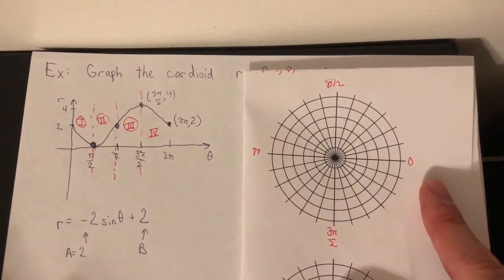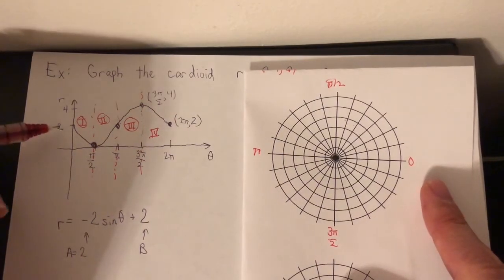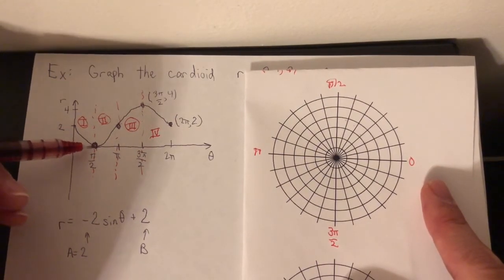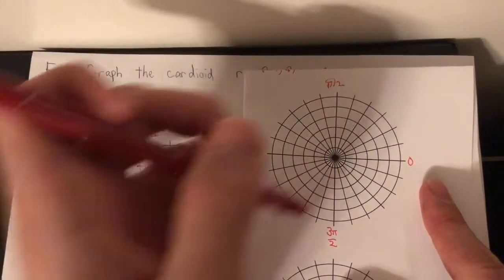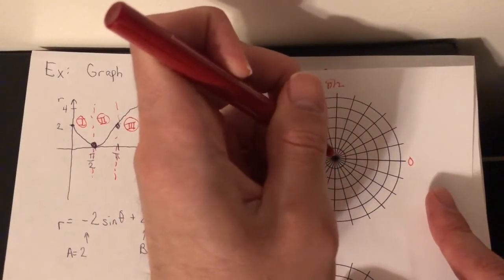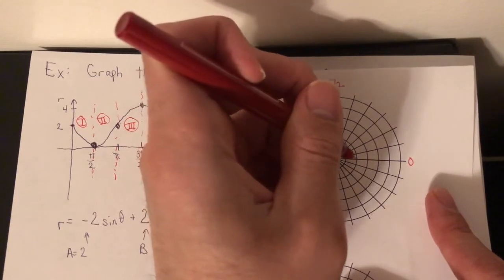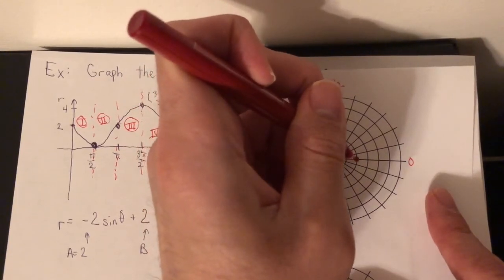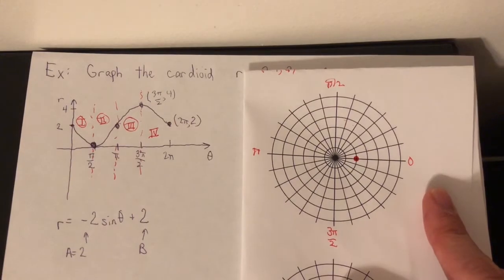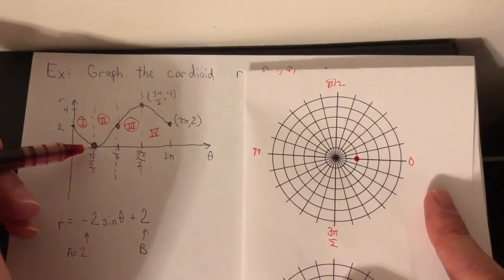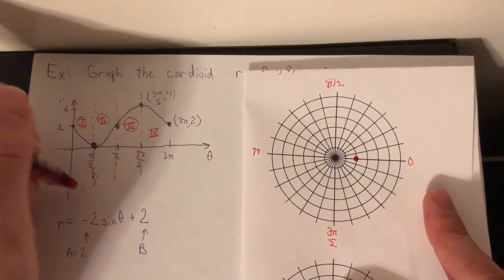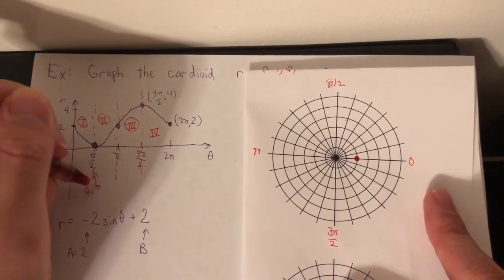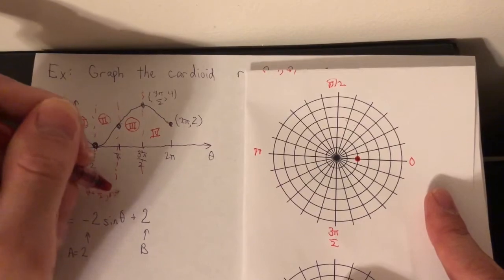So let's think about what's happening here. As theta goes from 0 to pi over 2, notice I've got the point (2, 0) here, so that's going to give me 2 units. And when theta equals pi over 2, my r equals 0.